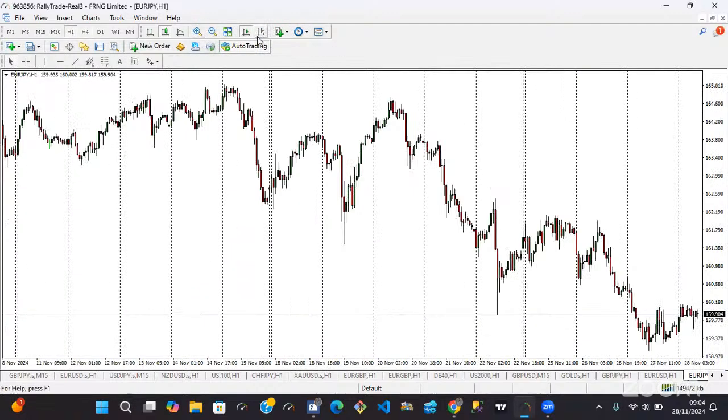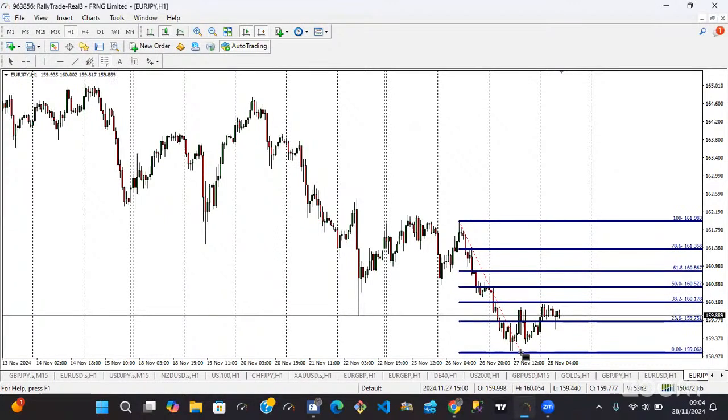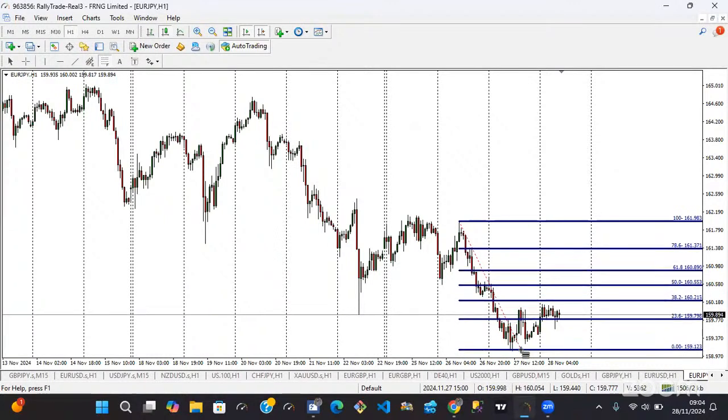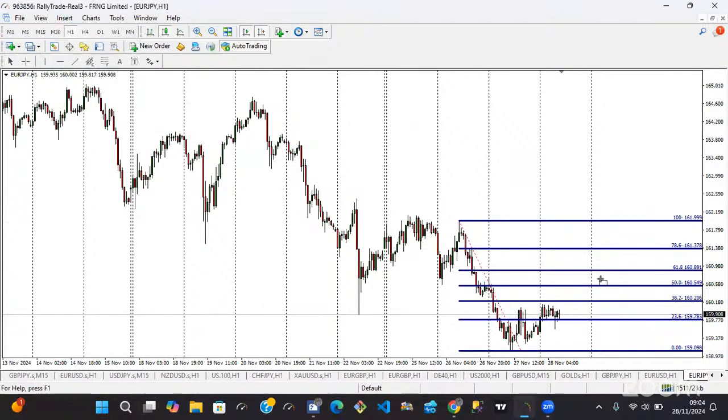And as it's selling to the downside, we are just going to be following price with our fib levels, which means I can do from swing high to swing low. For those who were in the Fibonacci class I did, you would understand exactly what I'm doing.